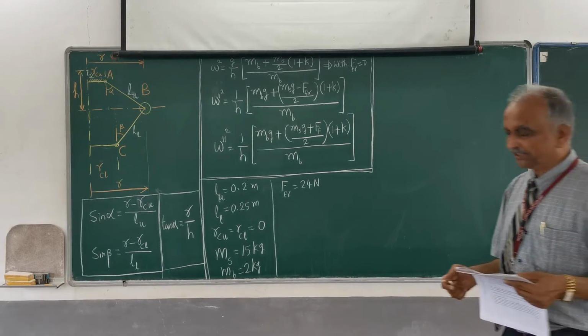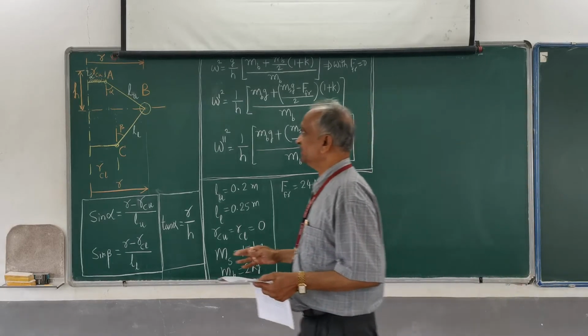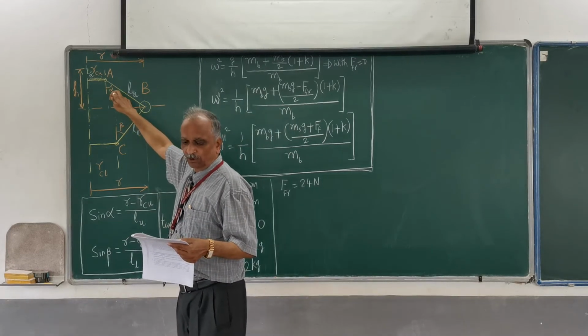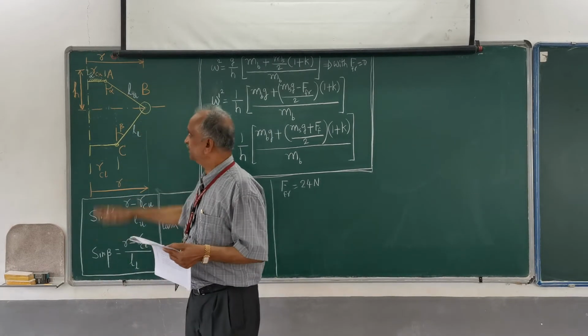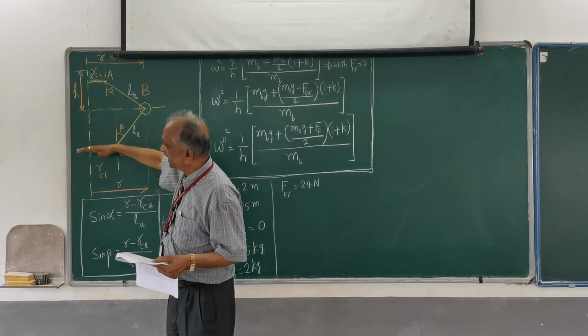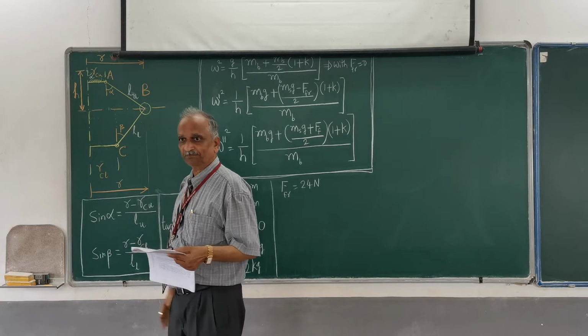The limiting inclination, please remember, what do you mean by limiting inclination? This alpha value cannot go less than 30 degrees. What is the meaning of that? If alpha is 30 degrees, the sleeve is at its bottommost position.